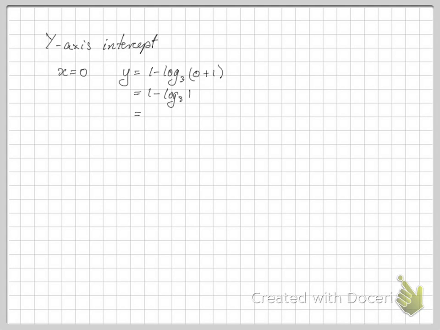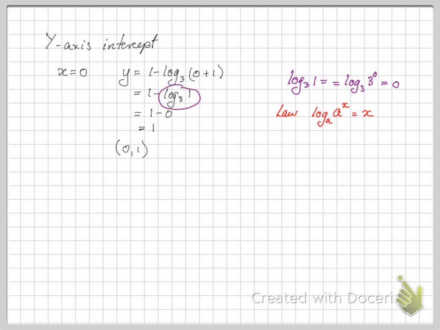And of course the log to base 3 of 1 is just 0, so that's 1 minus 0, which is 1. So the y-axis intercept is at 0, 1. Now, how did I know there would be a y-axis intercept? Well, if the vertical asymptote is at x equals minus 1, and the graph is going to be wholly to the right, then it follows that it's going to cross the y-axis.